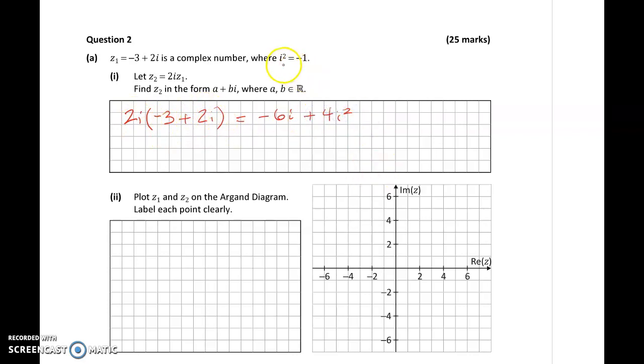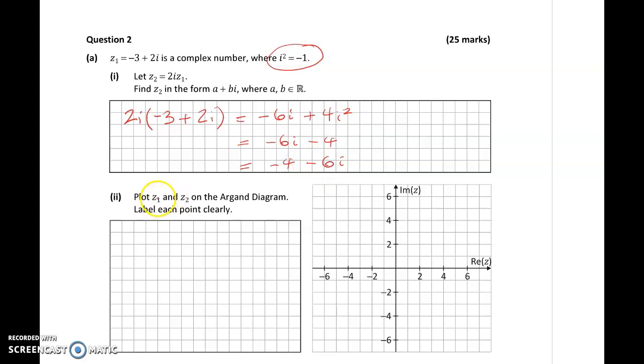You should remember that since i squared equals -1, an i squared term basically becomes a number where it changes the sign. So here, plus 4i squared becomes -4. And so you would be expected to write it, the real part first, and the imaginary part second.